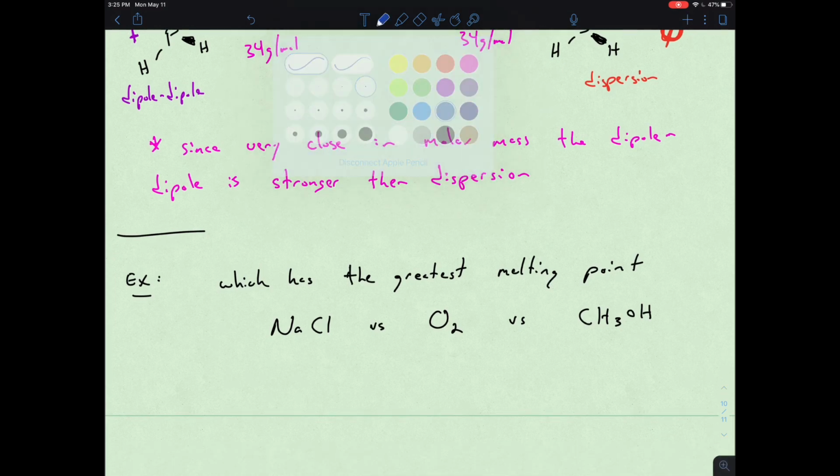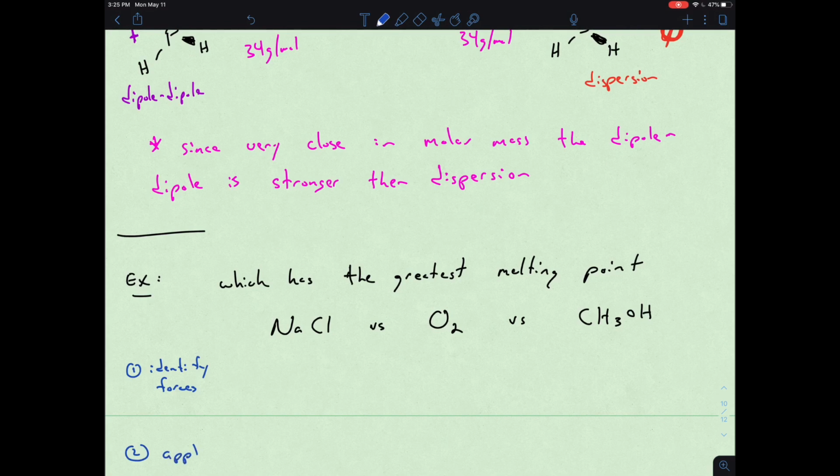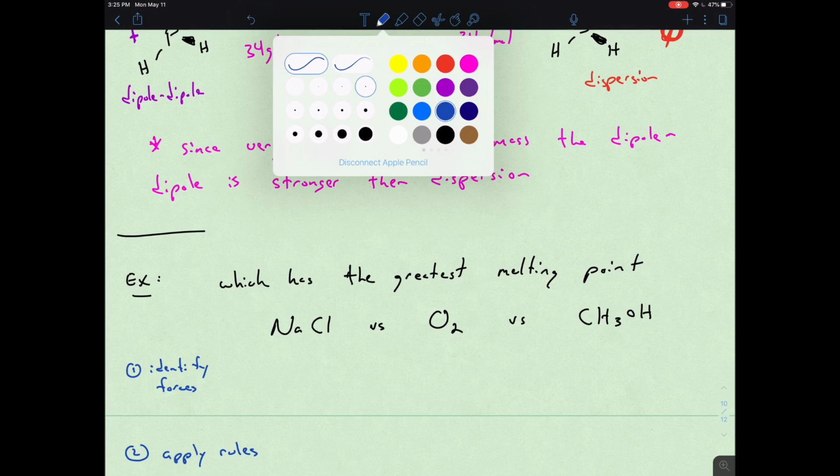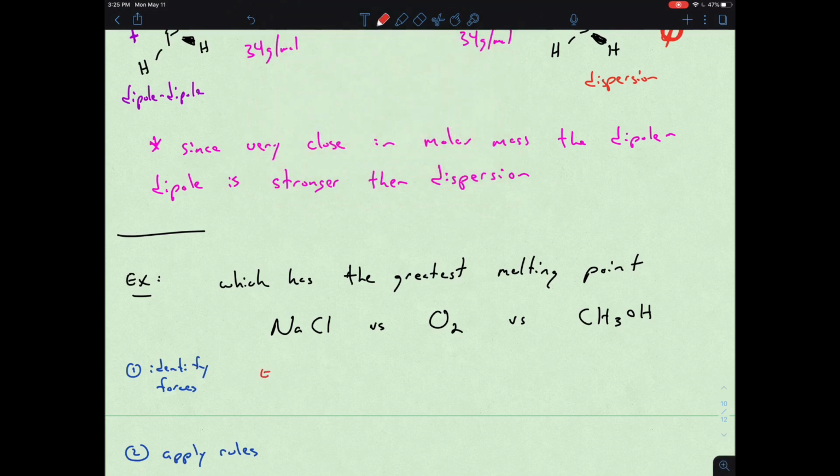And your first step is just to identify forces. And then your second would be to apply our rules. So we have electrostatic for the sodium chloride because we have the +1, -1 system, metal, non-metal.